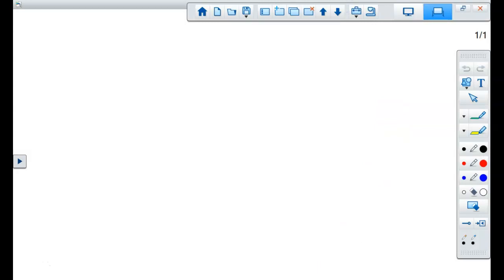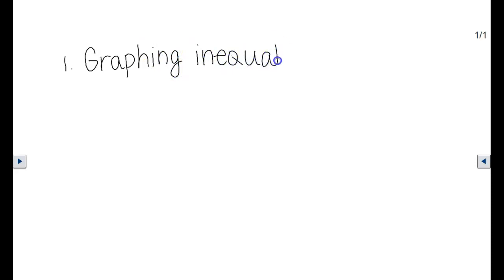Today we are going to be leaving equations behind and starting to work on inequalities. And today we are going to work on a couple of things. The first thing we're going to work on is a quick review of graphing inequalities on a number line.